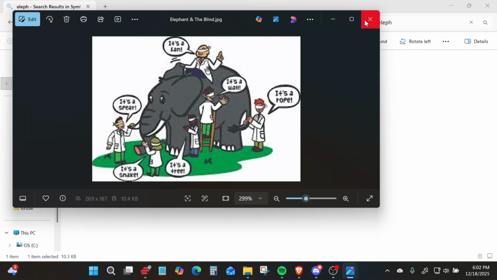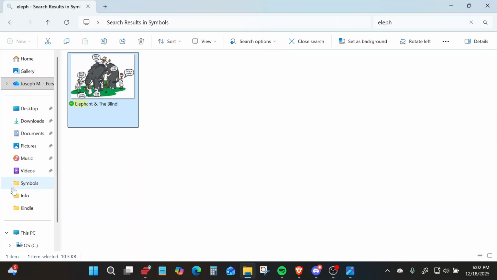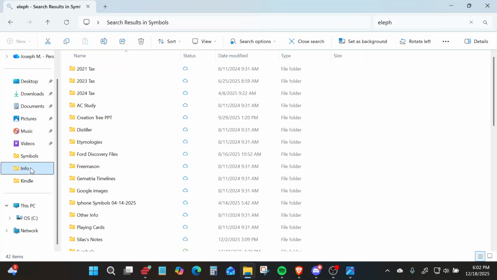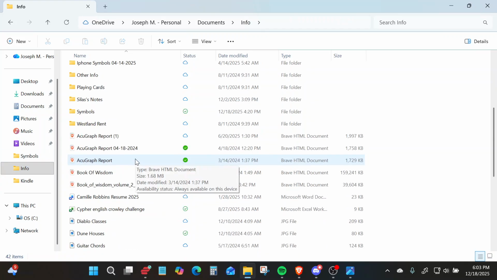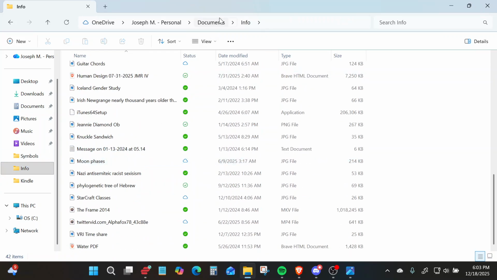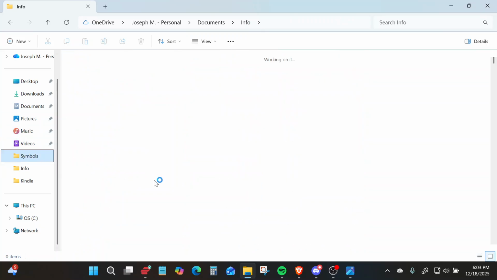And you get to a certain point, and the computer just gives up, gives you the main folder, then it'll just go dot dot dot.